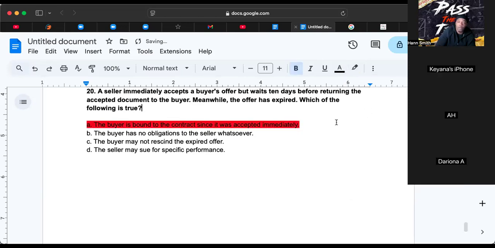This is also what we got to think about, the delivery. Delivery of the offer constitutes acceptance, not the signing of the offer. All right. Is it B, the buyer has no obligations to the seller whatsoever? C, the buyer may not rescind the expired offer? Or D, the seller may sue for specific performance? We need to get rid of one more.